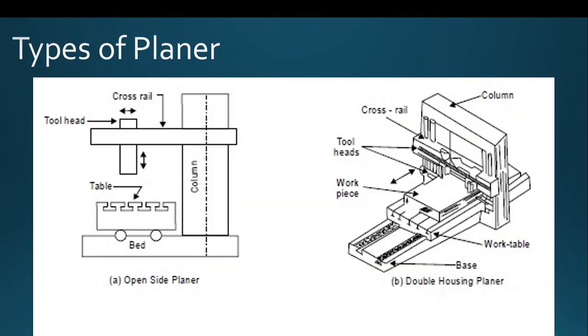And now there are two important types of planers available. One is the open side planer, another one is the double housing planer. In that, the double housing planer is considered as the heavy duty and high productivity machine used in most of the workshops, and the open side planer is of very little utility in the workshops since the load requirement and operating force are very low, since the cross rail here is just like a cantilever beam and not able to take more load.